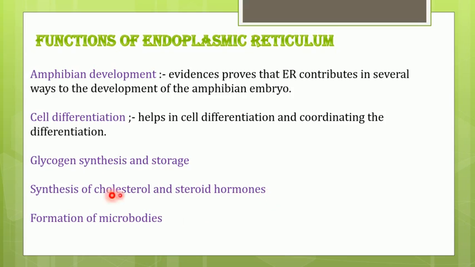The last function is formation of microbodies. The microbodies examples are lysosomes, glyoxysomes, and peroxisomes. These are rounded, oval structures which are present in the eukaryotic cell, and they have different functions. We have already discussed what lysosomes are. They are also called suicidal bags.